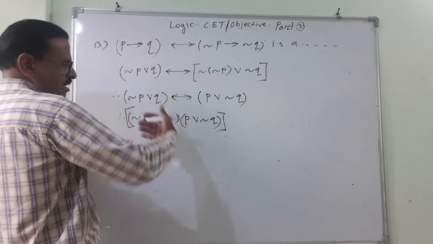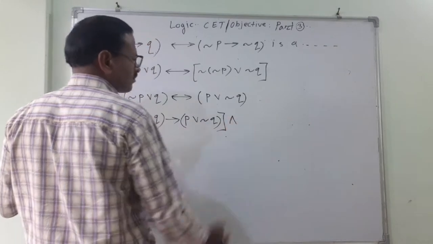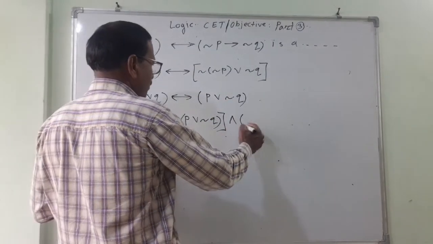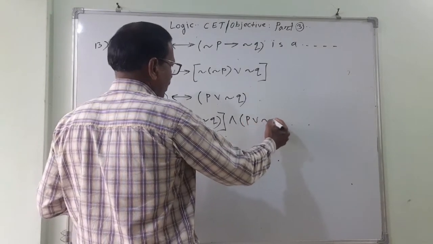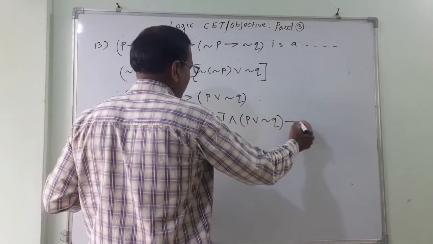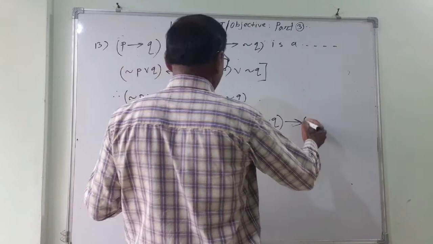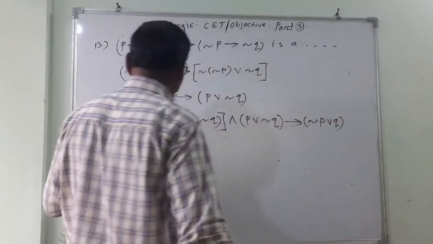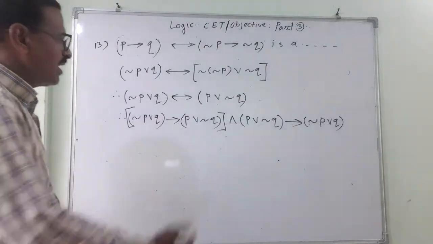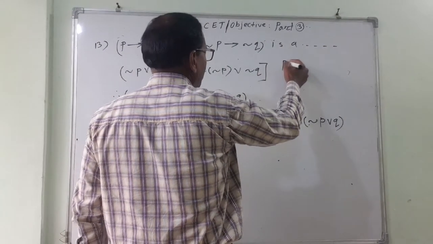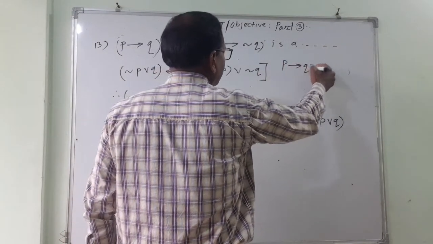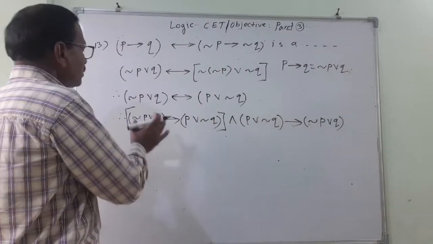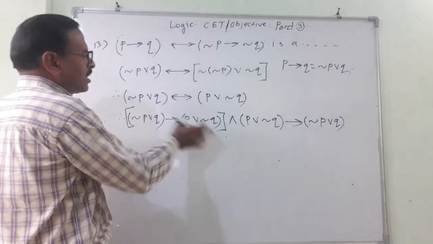Now from here, and this implies this, so this is P or negation Q implies negation P or Q. Now the meaning of P implies Q is negation P or Q. Negation of this or this.